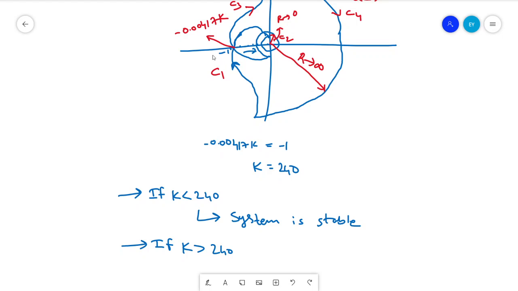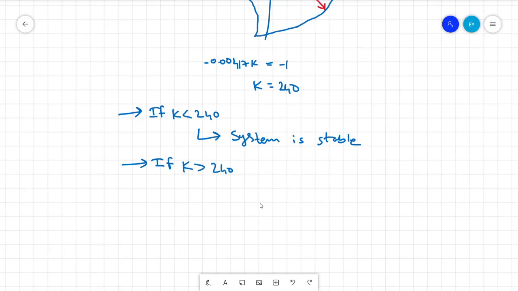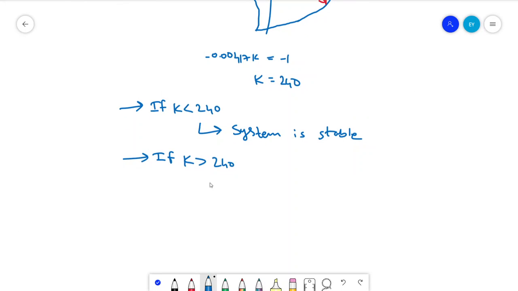That means this plot will be going beyond the -1 point. -1 will be on the right side then. That critical point you can observe on the right side if you are taking K value greater than 240. As I mentioned, the -1 or critical point should always be on your left if you are traveling in the path. So for this condition, the system is unstable.